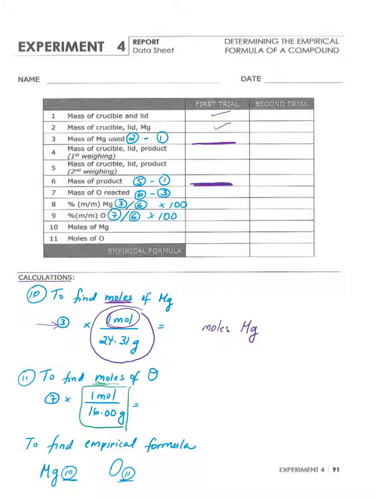Number 7, that amount it's in grams, so your unit grams is canceling out from your 7, which is grams of oxygen, with the molar mass here, 16 grams. So the number that you're getting here will be the moles of oxygen.